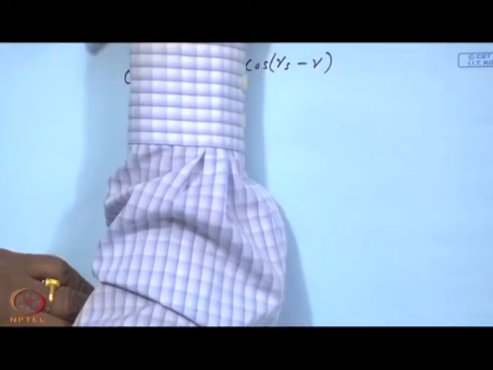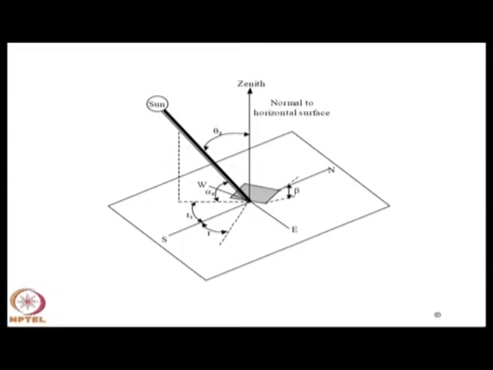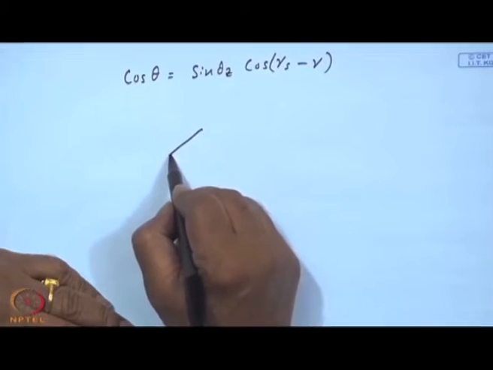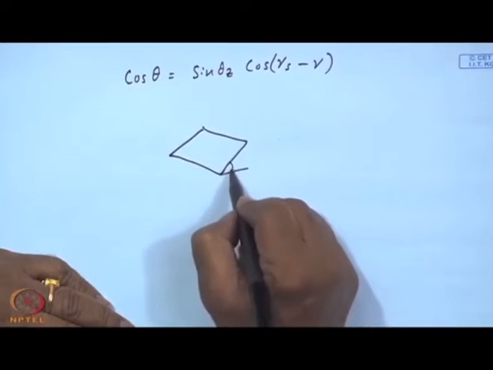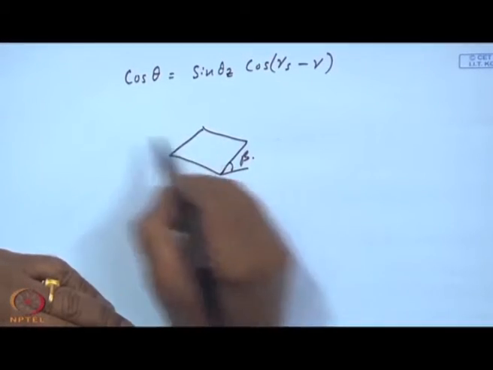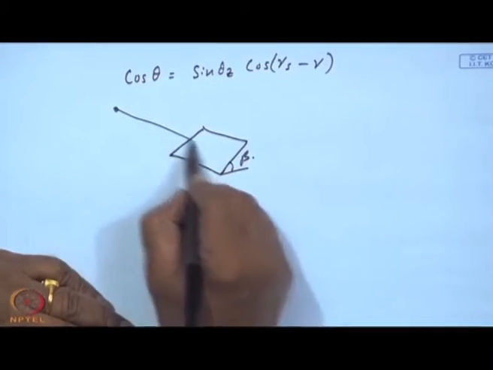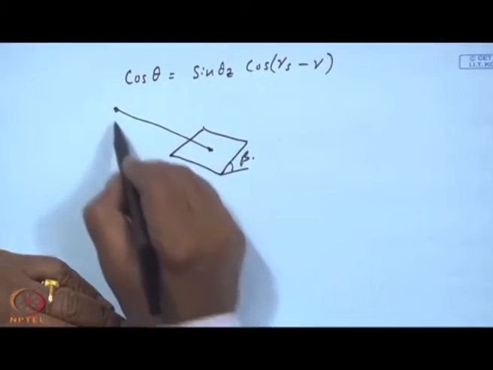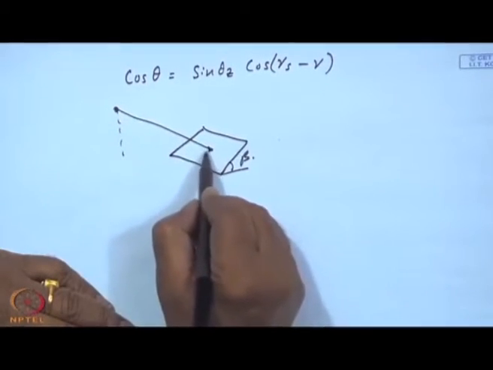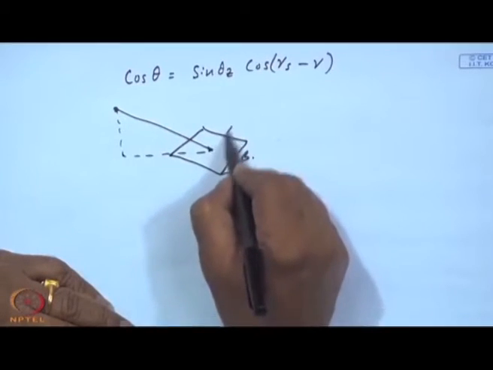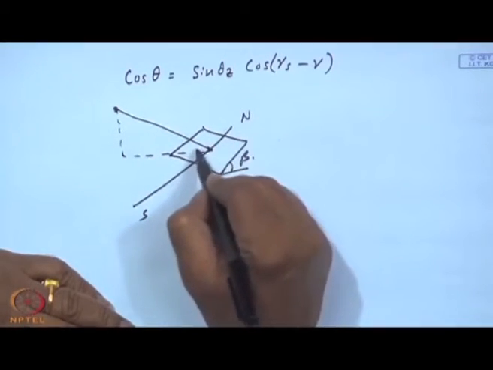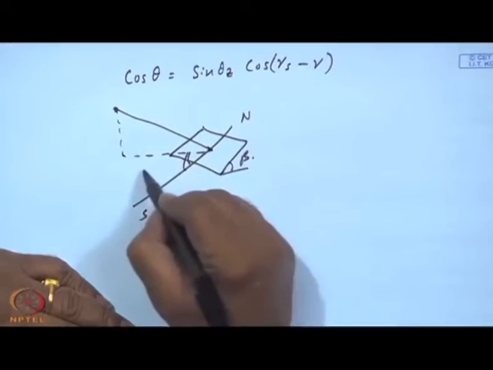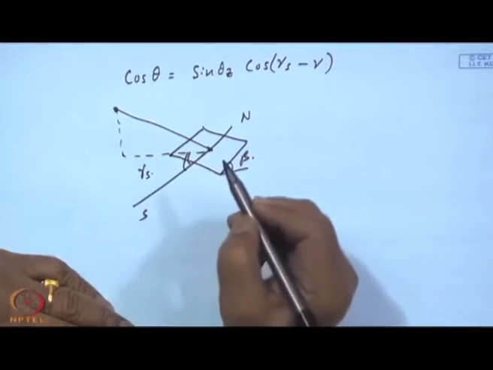I think the next picture should be, yeah, you have got the tilted surface with an angle beta, and the sun's ray is coming something like this. If I take the projection of the sun's ray, and if this is your south north, then this should be your gamma_s.